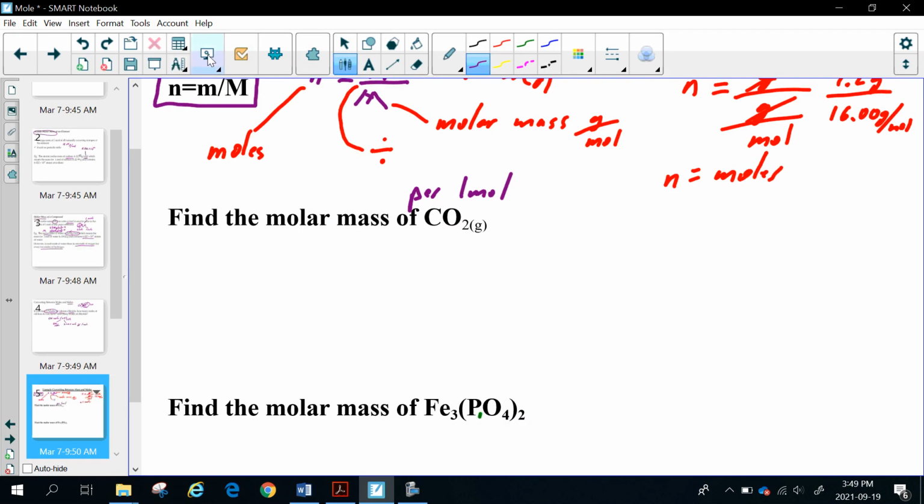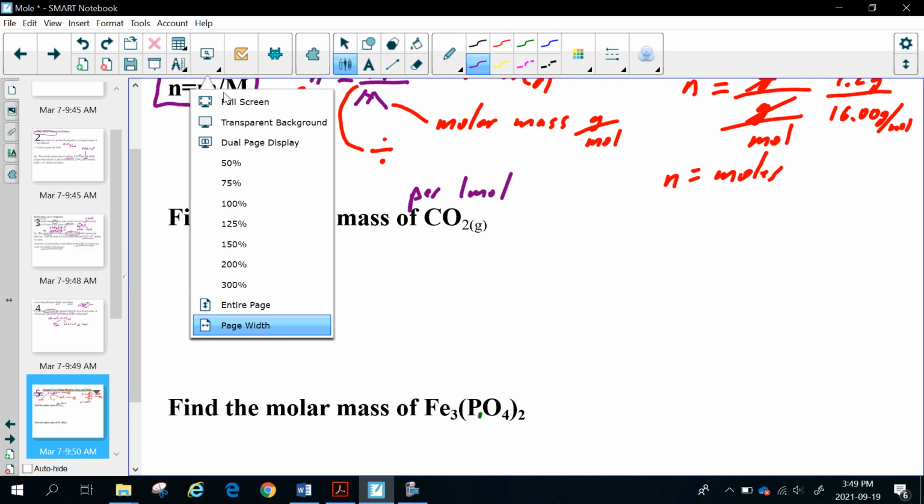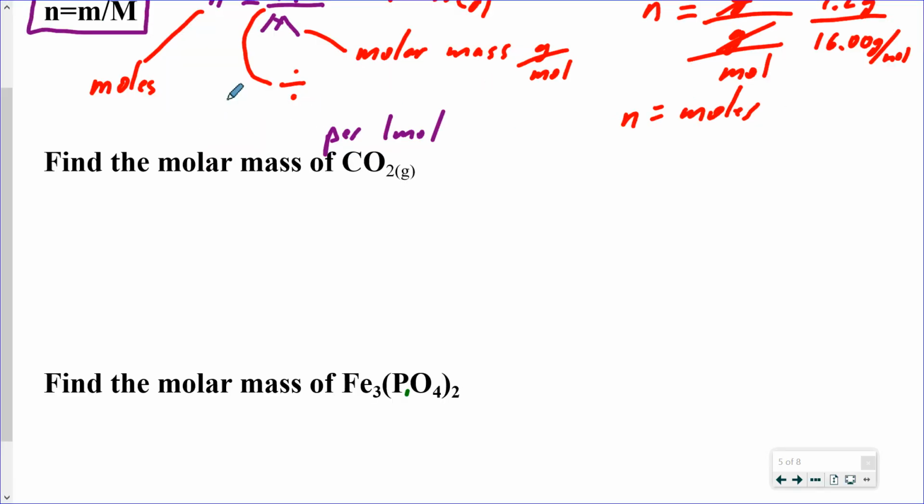So for our carbon dioxide then, again, in 1 mole of carbon dioxide, we have twice as much oxygen as we have carbon. So we do need to account for the fact that we have twice as much. In 1 mole of carbon dioxide, I do have 12.01 grams of carbon, 16.00 grams, this is grams per mole, for the oxygen.